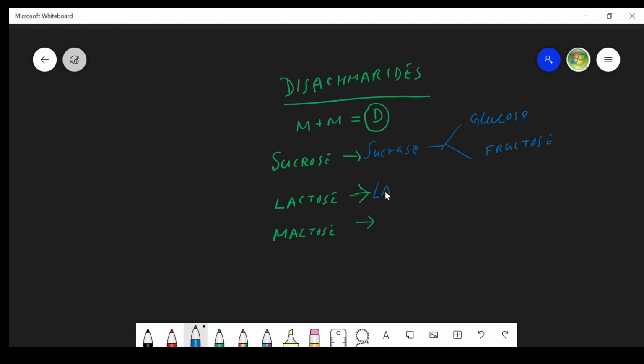If we use lactase, it will be broken down into glucose and galactose. And if we use maltase enzyme, then it will be broken down into 2 molecules of glucose.